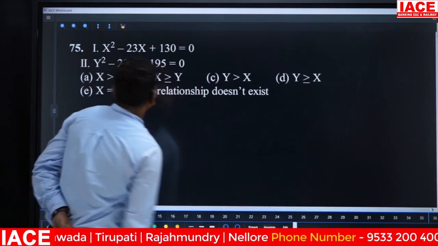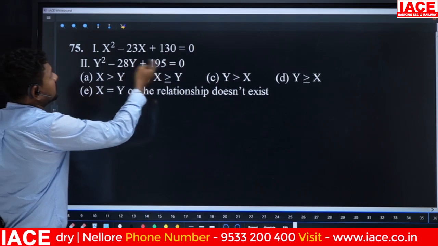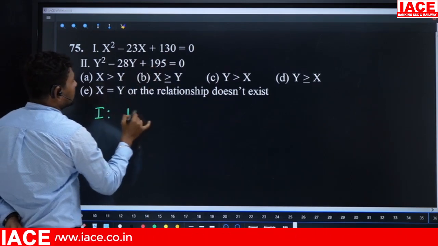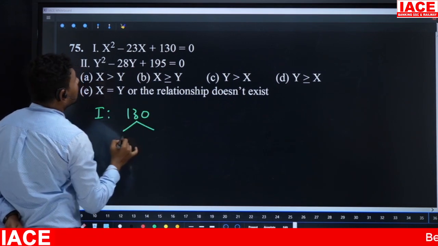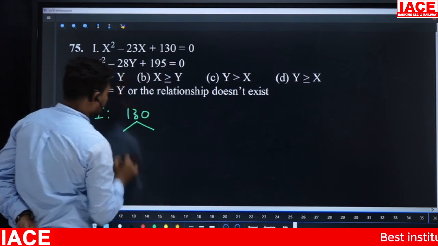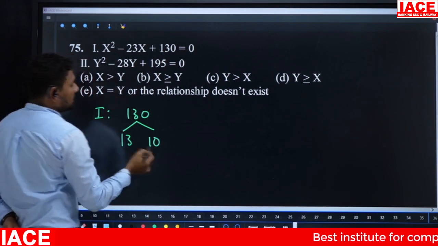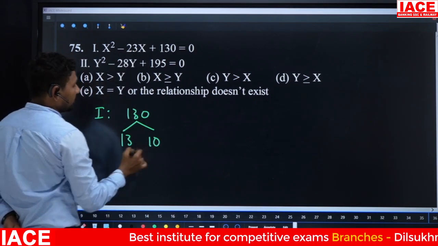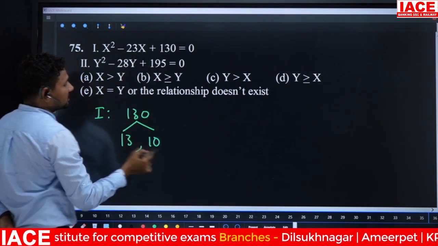And next, here x square minus 23x plus 130. So 130 factors: 13 tens are 130, and 13 plus 10 is equal to 23. Then our factors are 13 comma 10. A minus and plus always give two factors.